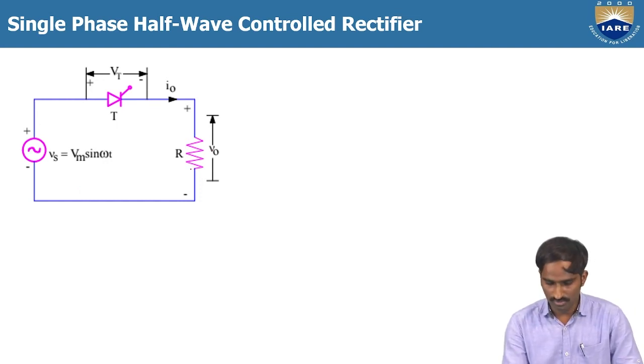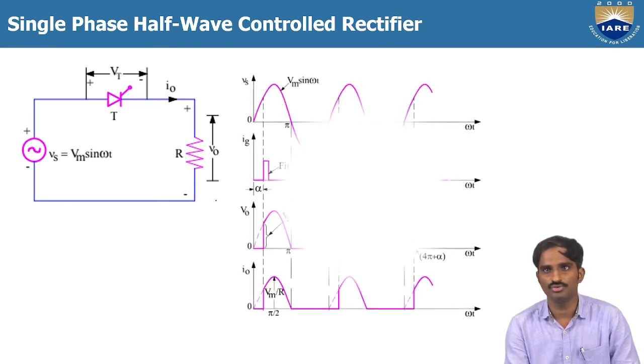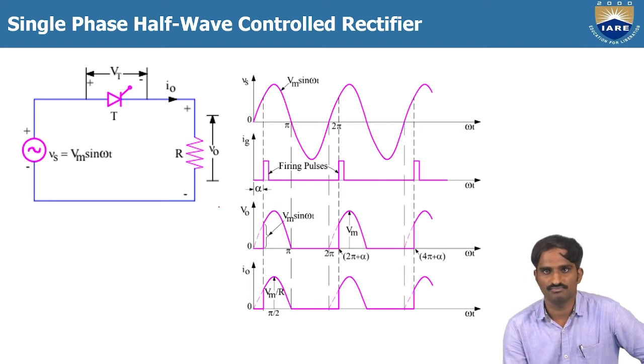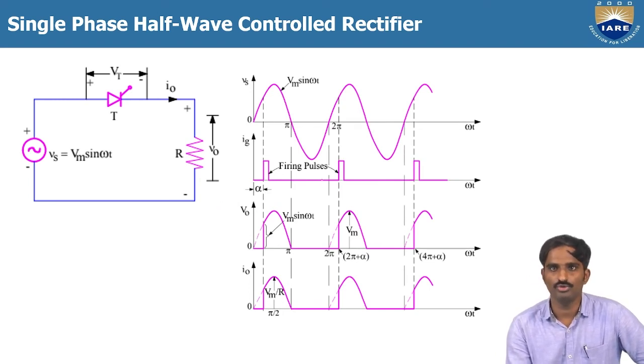Before going to discuss the operation, let me show you the output waveforms. By using these output waveforms, we can understand the operation of this single phase half wave controlled rectifier.